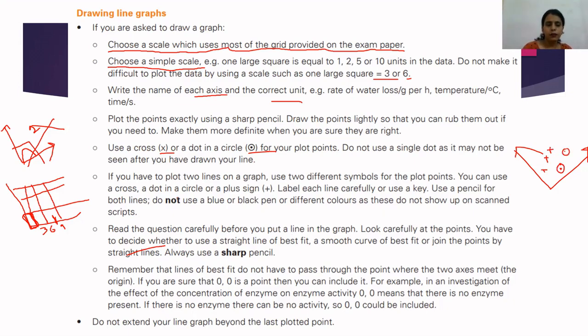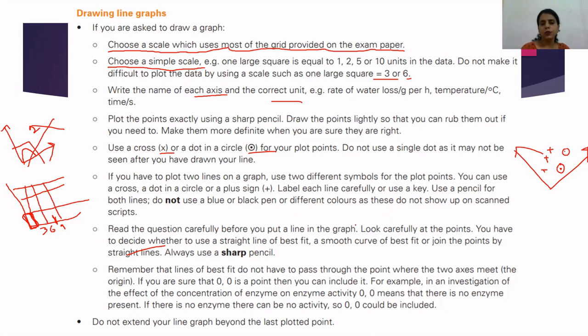Do not use blue or black pen or different colors, as these do not show up on scanned scripts. You have to label each line carefully or use a key, and then you can use a cross, a dot in a circle, or a plus sign. Remember, you cannot use any blue or black pen.